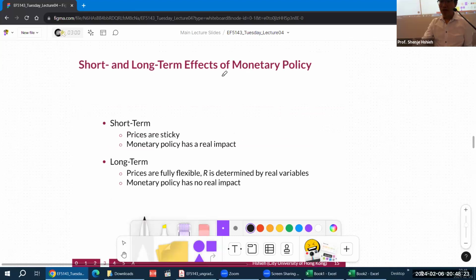When we do monetary policy analysis, we have to split things into two parts, because in reality certain variables do not respond so quickly in the short run. So in the short term, we're going to make these assumptions. This is how we define what short term means. Short term means that prices are sticky, meaning that they do not respond to changes in the money supply.